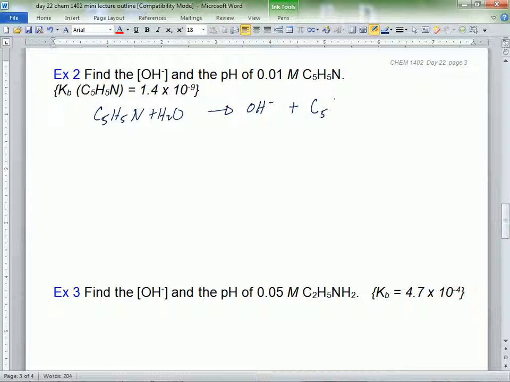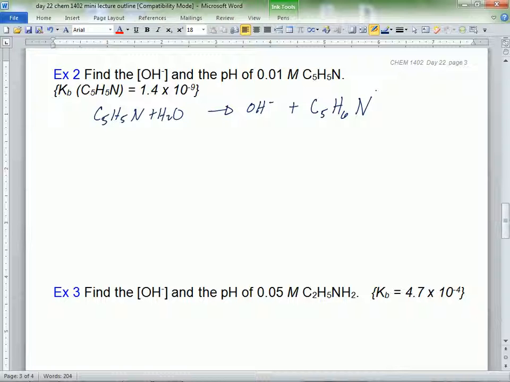C5. Done? Did she miss? She missed one thing. What did she forget? Well, she changed the 5 to a 6. That's okay.